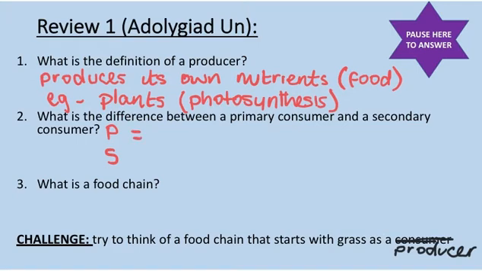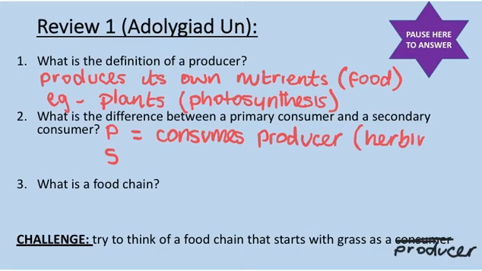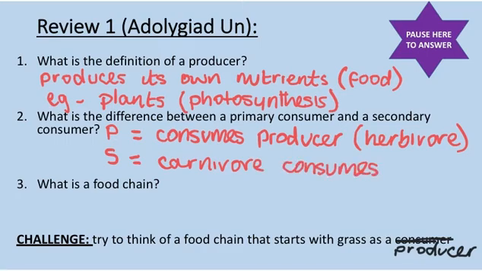Okay, so primary consumer consumes the producer, so it is a herbivore because it eats plants, and a secondary consumer is a carnivore because it consumes the primary consumer. Okay, so PC there means primary consumer.